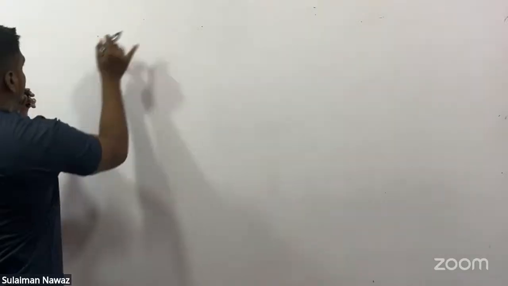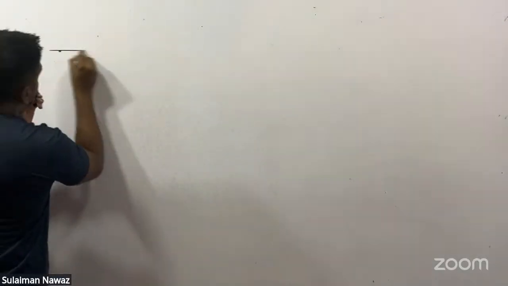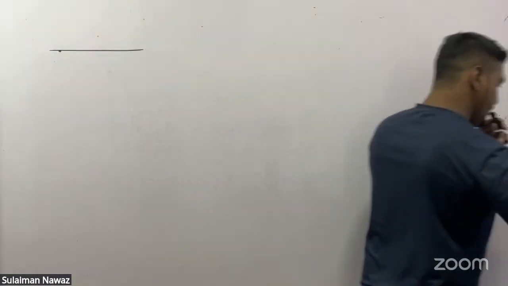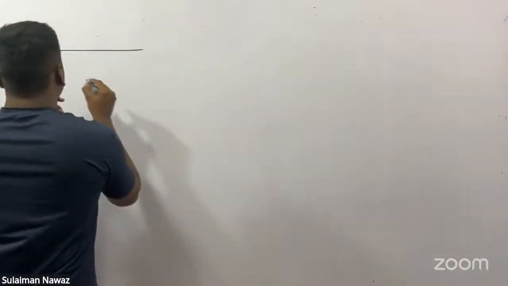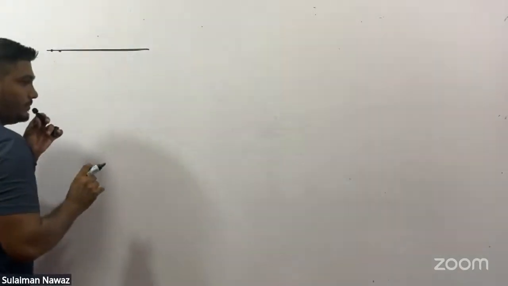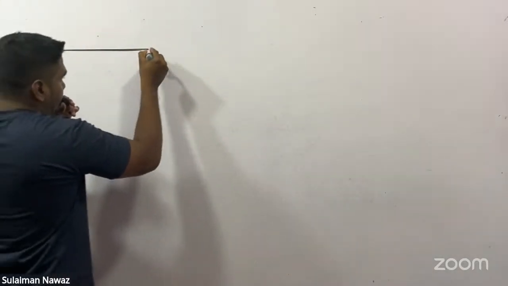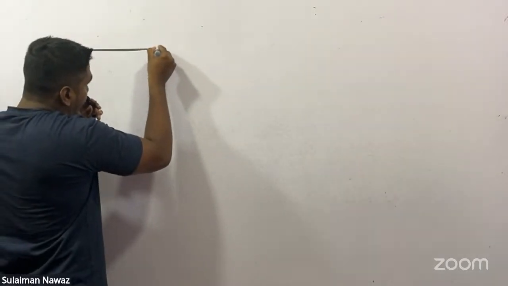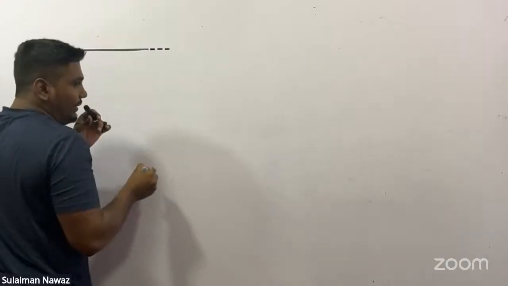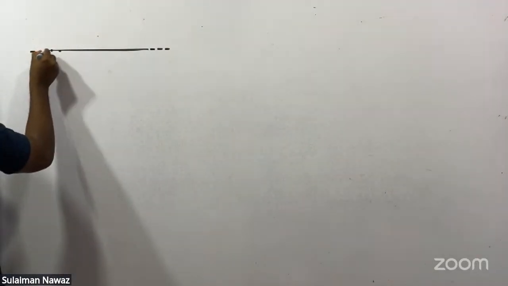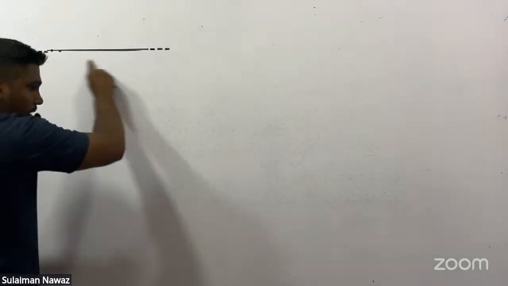I draw the wire like this. The length is infinitely long. To show that its length is infinitely long, I use some dotted lines on both ends of the wire. Then you understand the length is infinitely long.